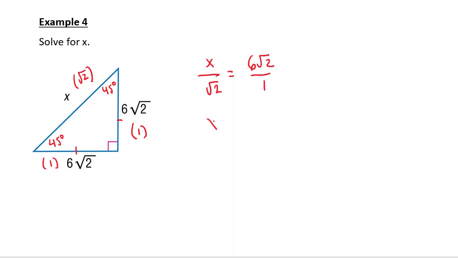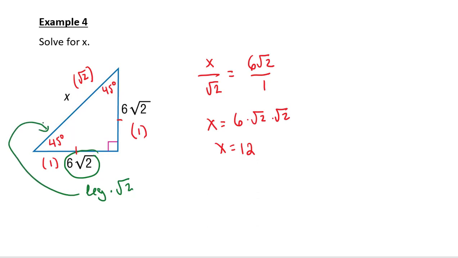I cross multiply, x equals 6 root 2 times root 2. Well, that's 2, so x in this case is going to be 12. And this hypotenuse is always whatever this side is, it's always my leg times root 2. That's what my hypotenuse is.